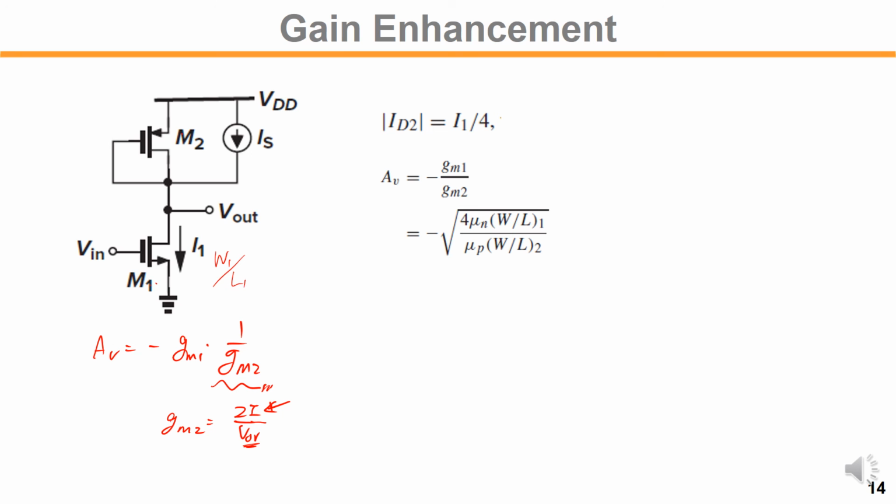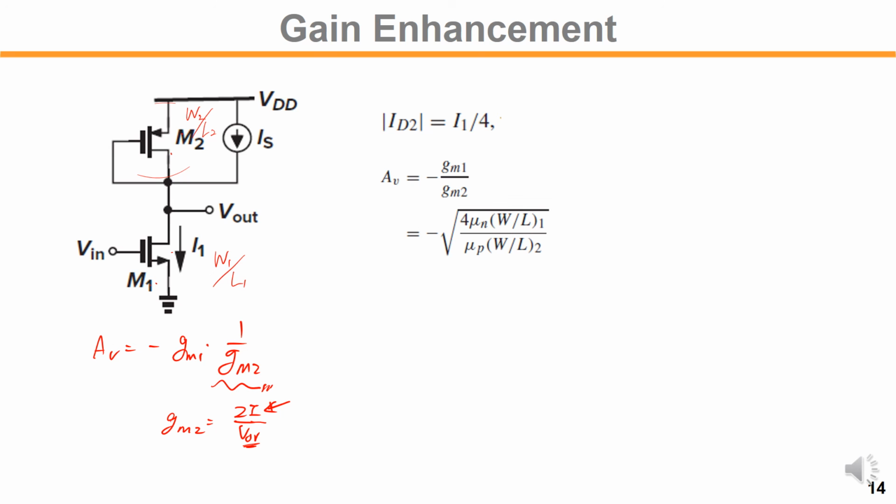But you cannot make M2 as small as you want, because the current is shared through M1 and M2, so the maximum gain out of such a device will be limited by the device ratio.